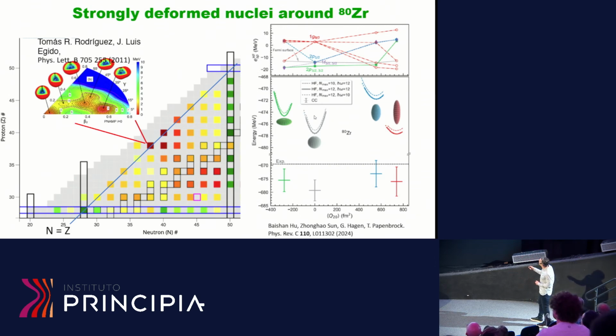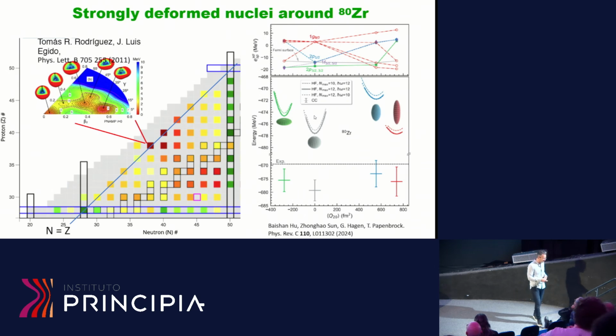And these are the uncertainties that we estimate. And this is the experimental binding energy here. So you can see that we agree fairly well with the binding energy, but we cannot unambiguously say what is the ground state shape, because you see all of these within uncertainties overlap with each other. So still a challenge to say what is the ground state shape of zirconium-80.